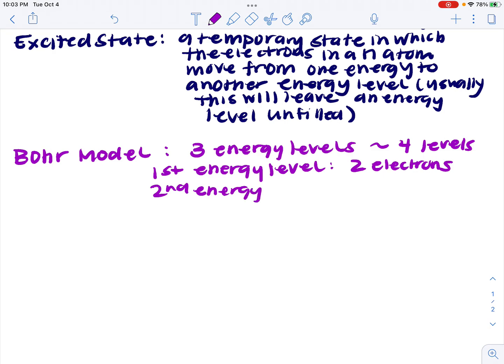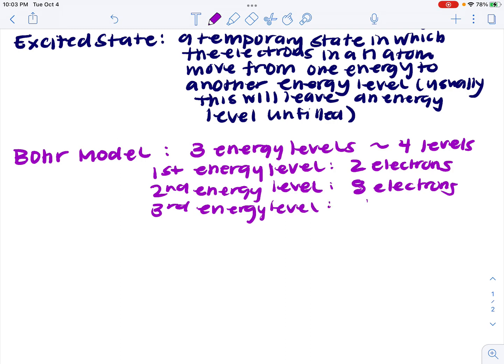The second energy level can hold up to 8 electrons. And the third energy level can hold up to 8 electrons. Okay?